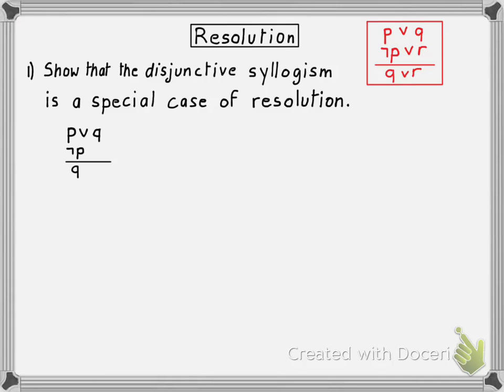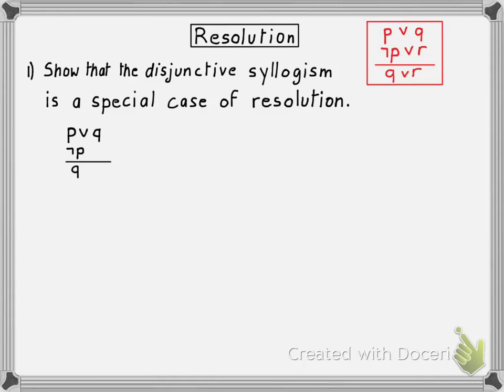Well, if you compare this inference rule with this one, you realize there's similarity. The only thing that's missing here is the second operand in the disjunction in the second premise. So how can we change this second premise by adding a disjunction and a second operand without changing the truth value of the premise?